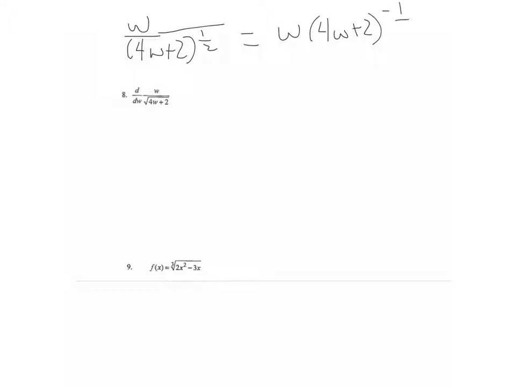So if we were to take w over the square root of 4w plus 2, but think of that as 4w plus 2 raised to the 1/2 power, because that's what a radical is. It can be written with a fraction exponent. We could get rid of the fraction then if we were to take the 4w plus 2 and take it to the numerator, which means we'll raise it to the negative 1/2 power.